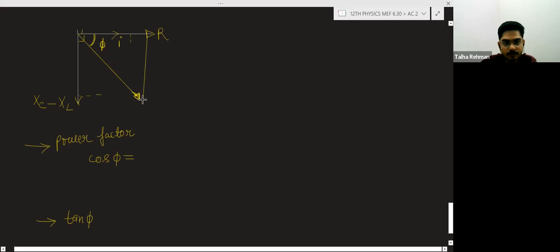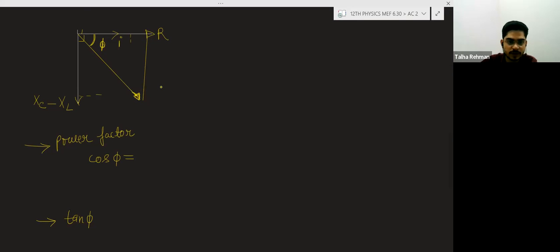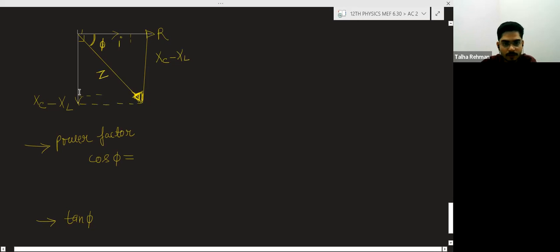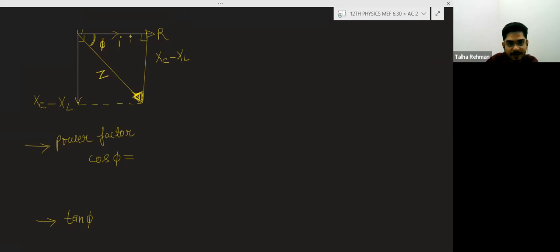You have completed this triangle, and this length is Z, and this length is XC minus XL. Now find cos phi. This is a right angle triangle now.